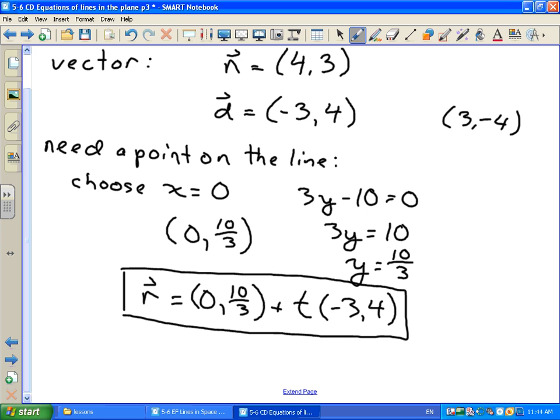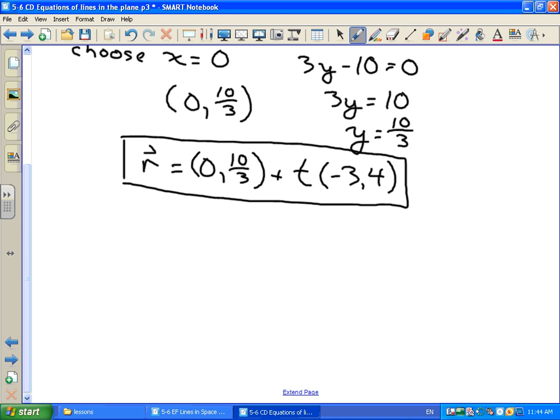Now, once we've got our vector equation, how do we get our parametric equations? Who remembers this? x equals 0 minus 3t.